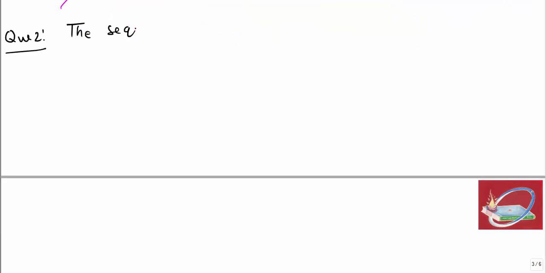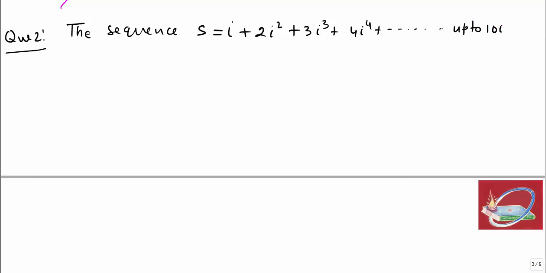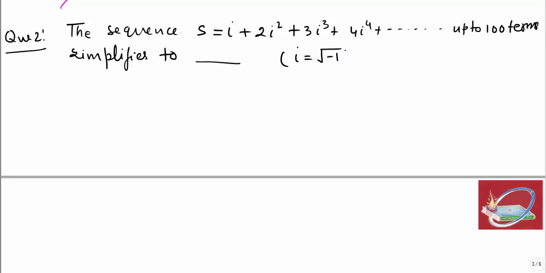The sequence s is equal to iota plus 2 iota square plus 3 iota cube plus 4 iota power 4 plus and so on, up to 100 terms, simplifies to, fill in the blank, where i is equal to under root of minus 1.